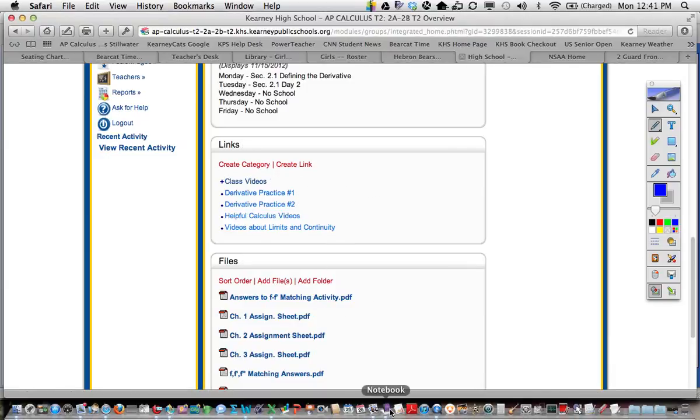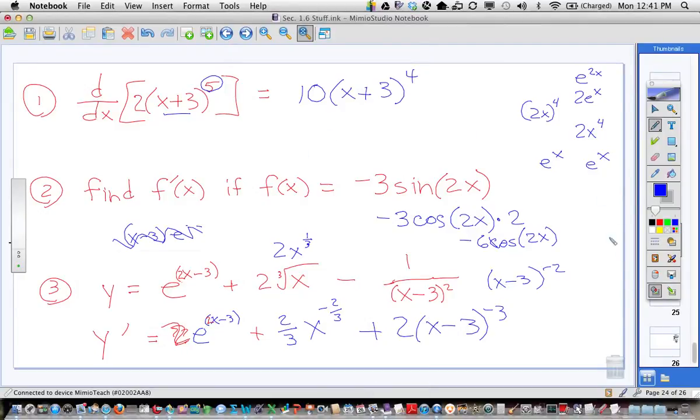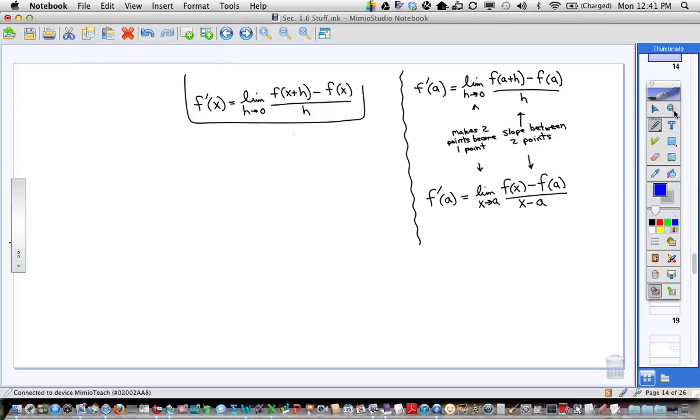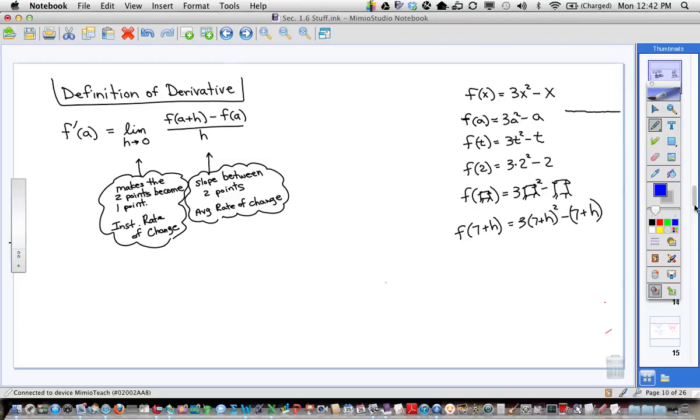Okay, so with that said, let's move on. When we did the definition of derivative, we found out about this new thing called the limit, this limit as h approaches 0.